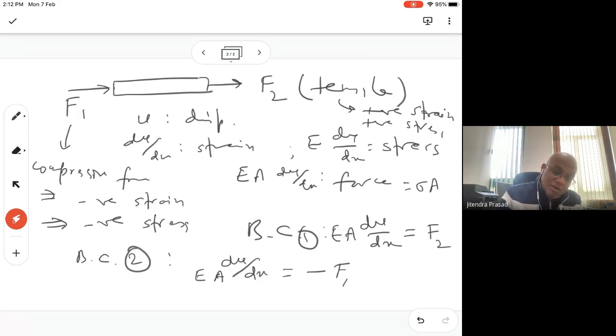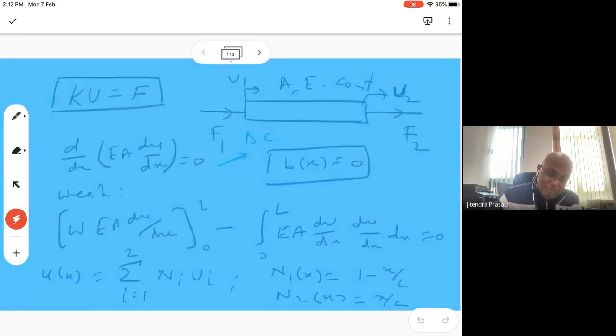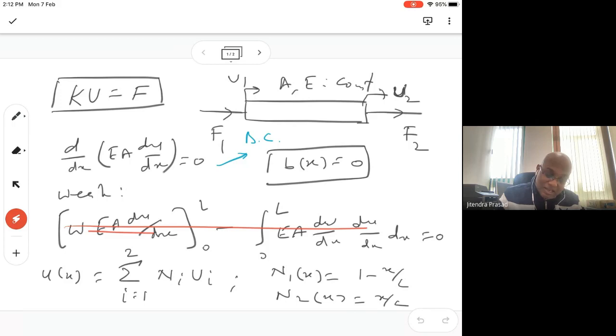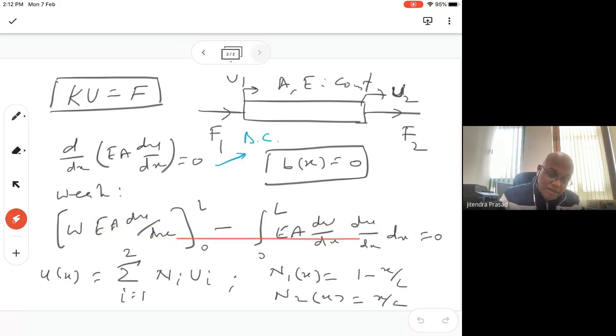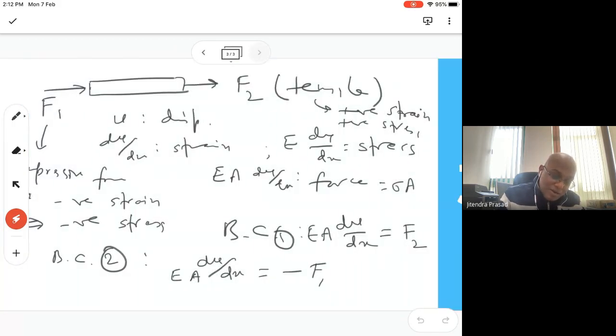Okay, now these two boundary conditions we will apply to this weak form. So what do we have?